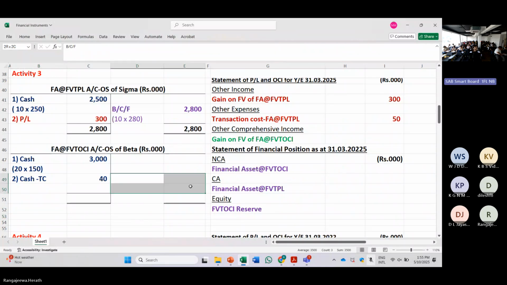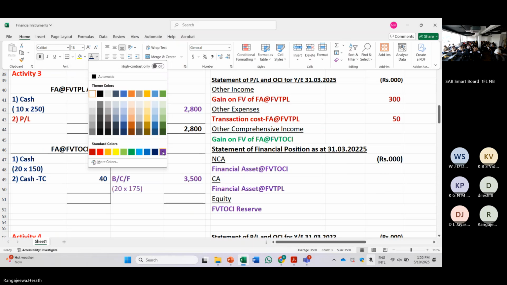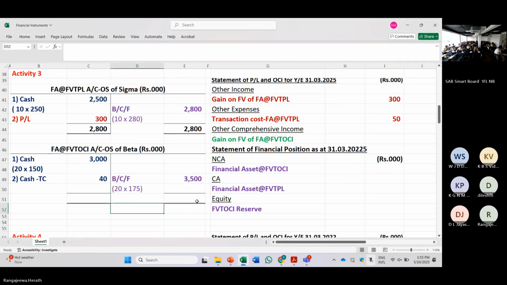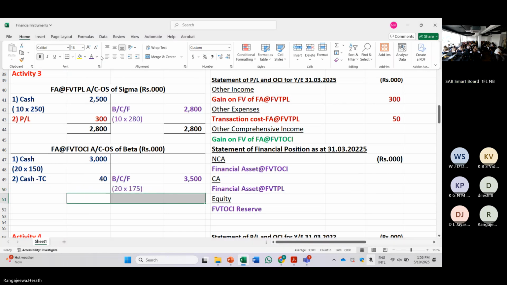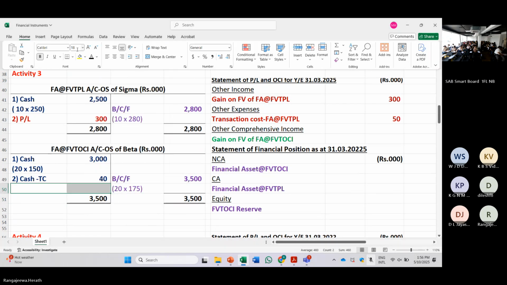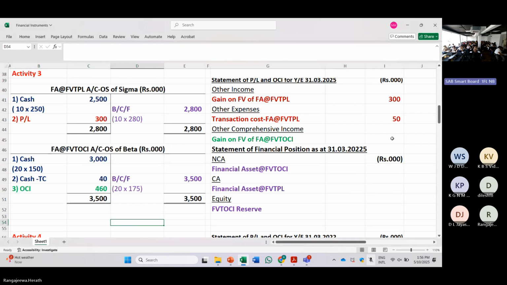Then end of the year, price becomes 175 for 3,500, 3.5 million closing balance. So here we have a gain that we can recognize in other comprehensive income.